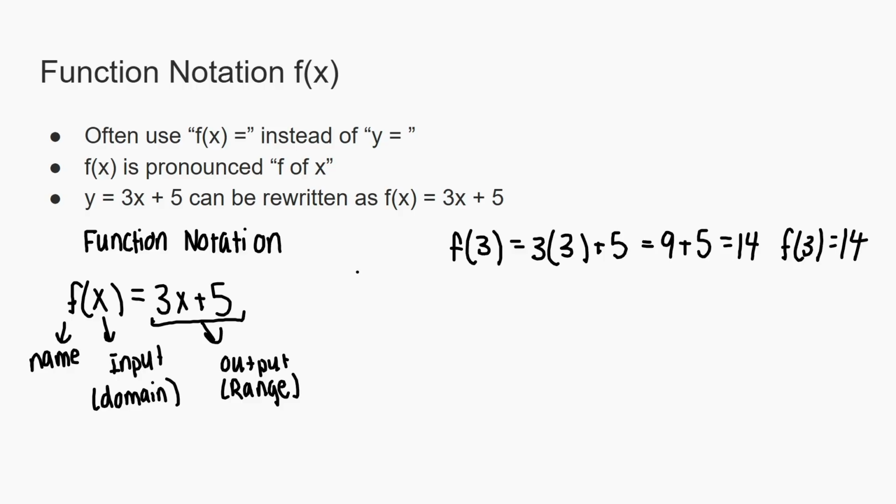Let's do another example. We can also do f of 1. F of 1 means we're plugging in 1 for x. We get 3 times 1 plus 5. This gets us 8. Another way to write this would just be the ordered pair (3, 14) and the ordered pair (1, 8). So overall, function notation is just a different way of writing a function.